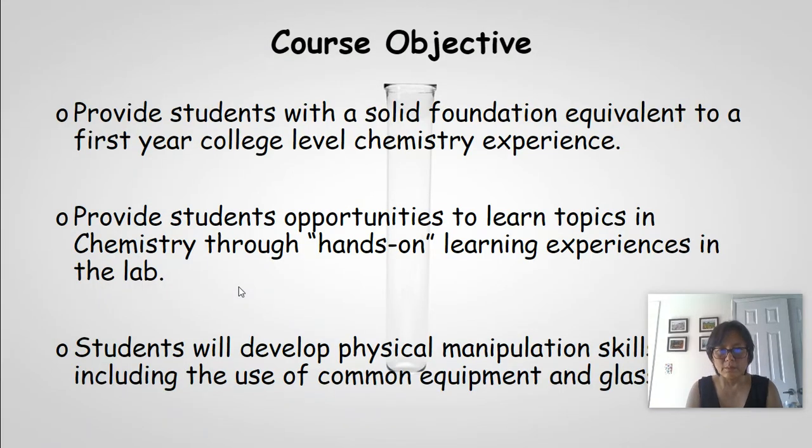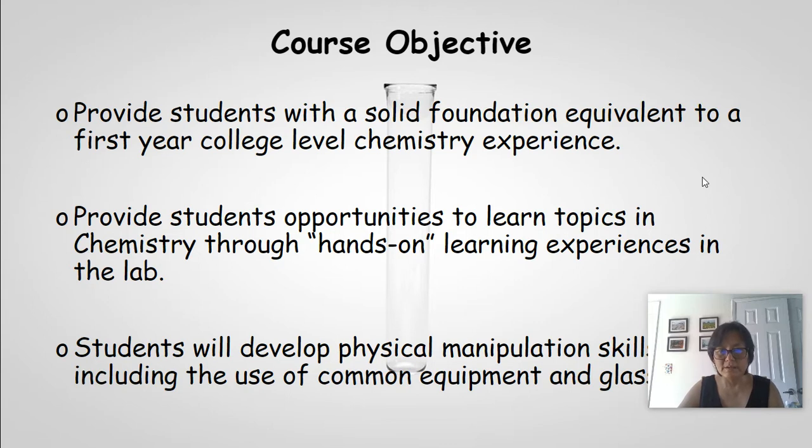Okay. Now, what will you gain from taking this course? This course will provide you a solid foundation of the content in chemistry that is equivalent to a first year college level chemistry course.